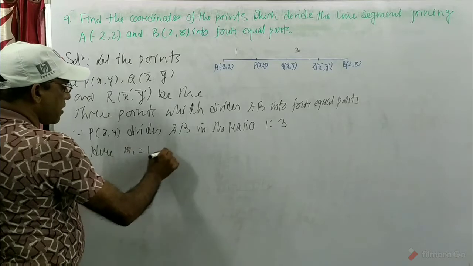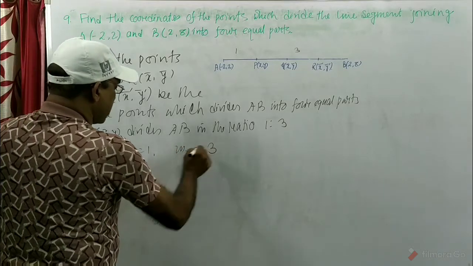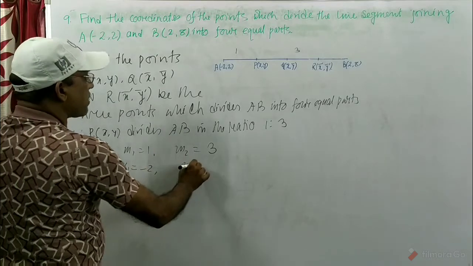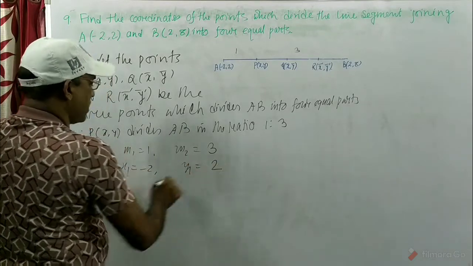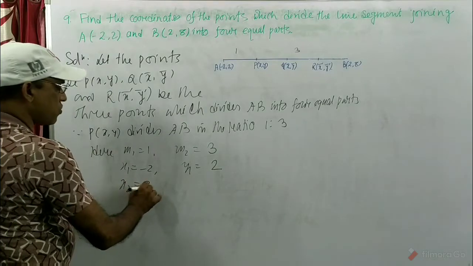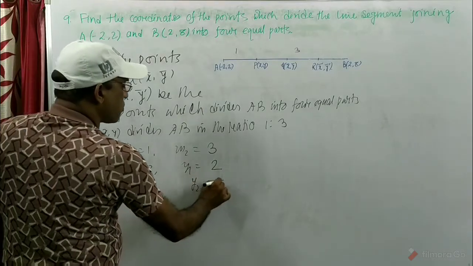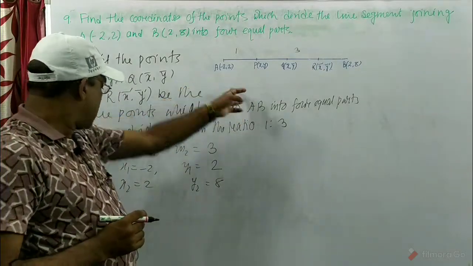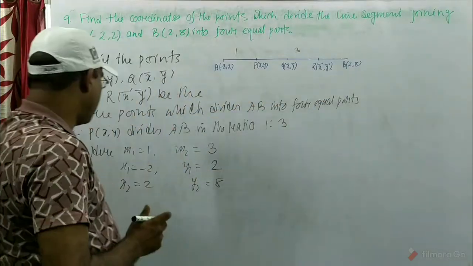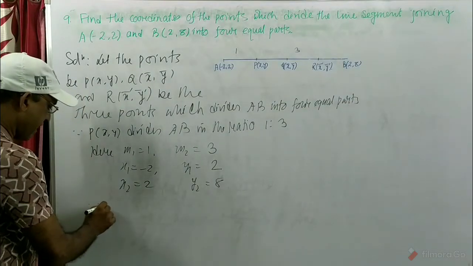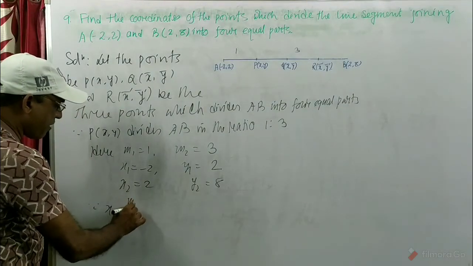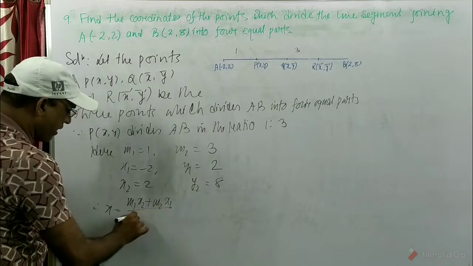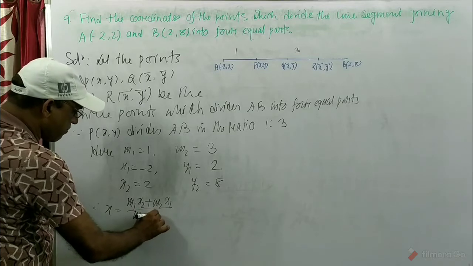Here M1 equal to 1, M2 equal to 3, X1 equal to -2, Y1 equal to 2, X2 equal to 2, Y2 equal to 8 we get. So this is X1, Y1 and this is X2, Y2. Since x equal to, we know, M1 x2 plus M2 x1 by M1 plus M2.